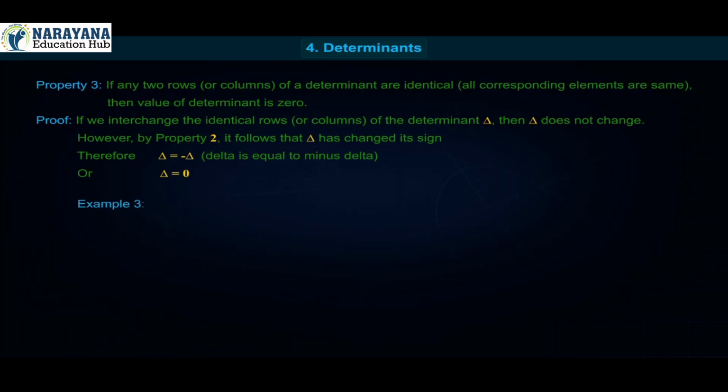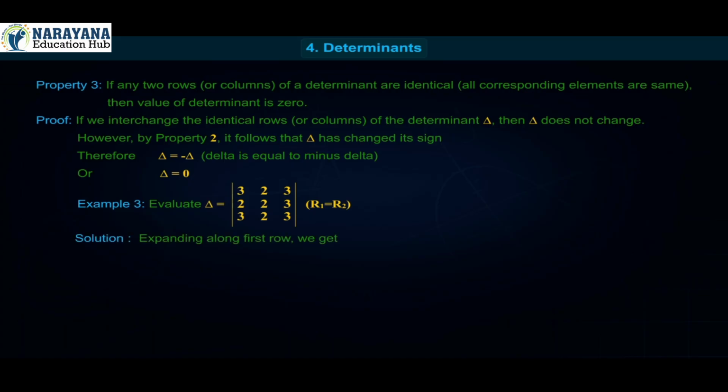Example 3. Evaluate delta is equal to determinant 3, 2, 3, 2, 2, 3, 3, 2, 3. Here R1 is equal to R2. Solution.